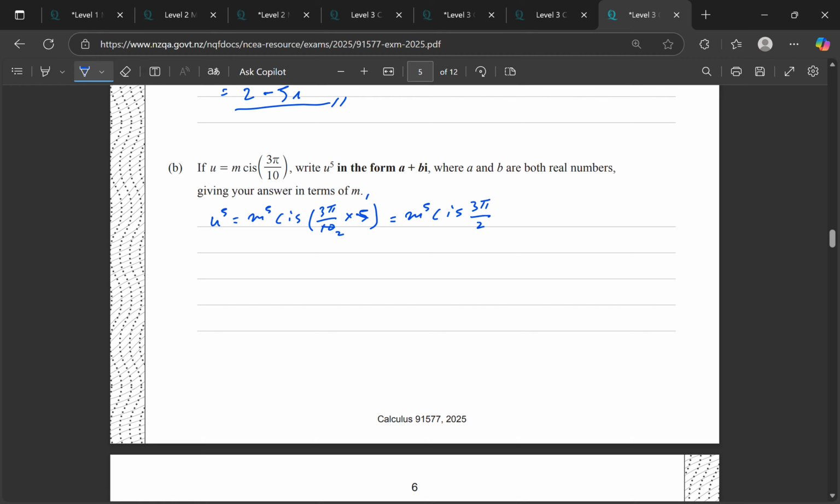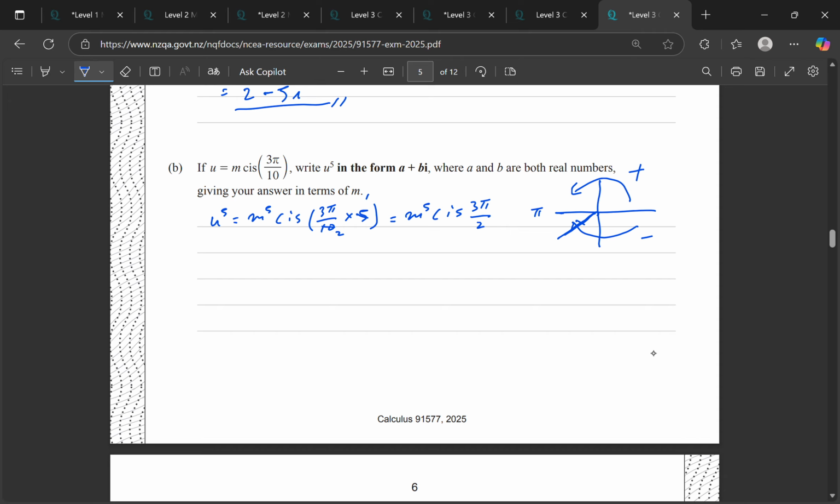Then we have to change 3 pi over 2 as a negative angle, because the rule is this. So that is a positive way and that way is a negative way. 3 pi over 2 is slightly more than pi, right? So it's over here.